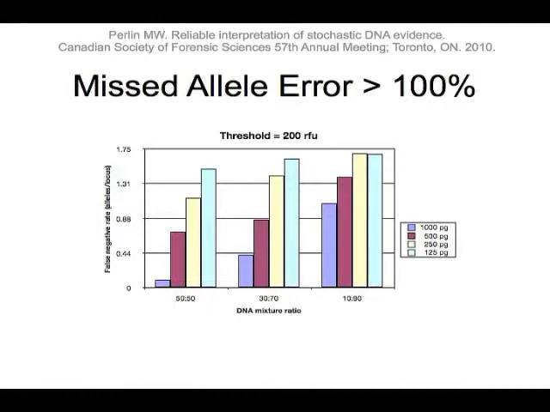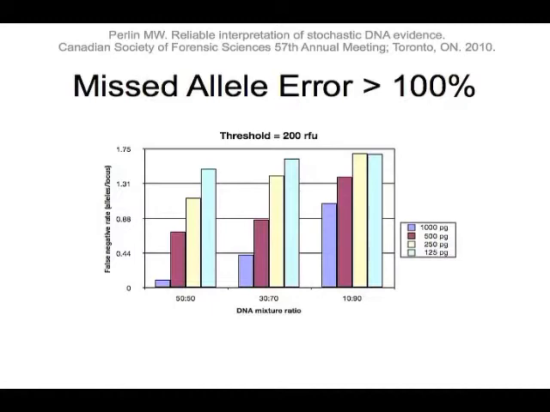But as you go to half a nanogram, those heights on the left cluster start going up, and they soon exceed 100% error rate. When you get to a 30% minor contributor, which is quite common in practice, the error rates start going up. You're up at 40% missed alleles per locus, even with 1 nanogram, and it rapidly goes up to over 100% error.